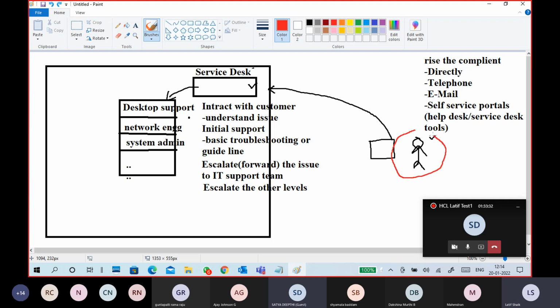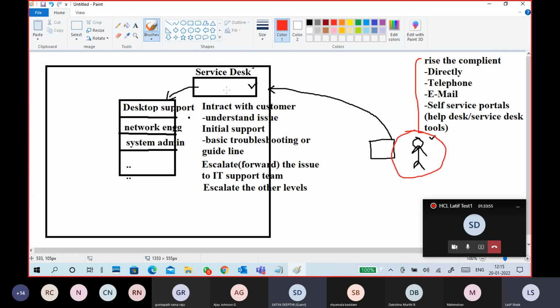Here is a customer. The customer got an issue and will raise a complaint or try to get help from the service desk of our organization. So how do you reach? You reach by different means like directly, telephone, email, service portals or anything.